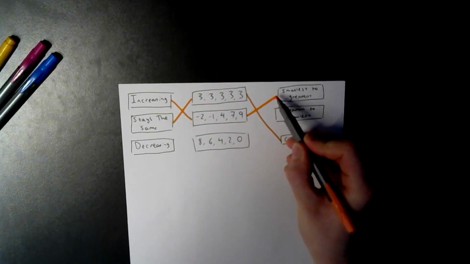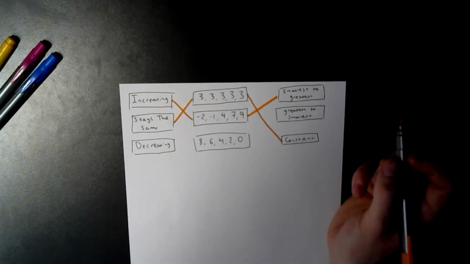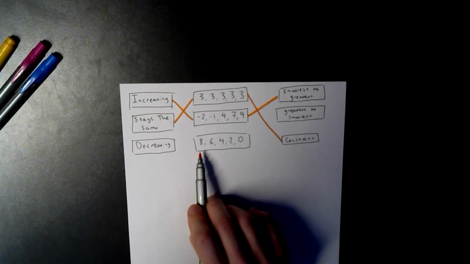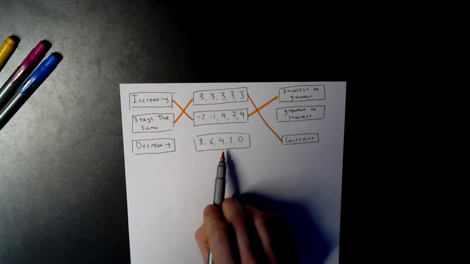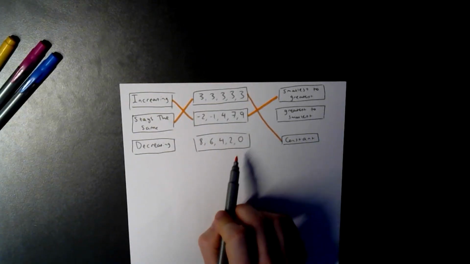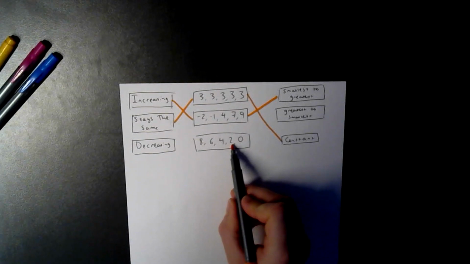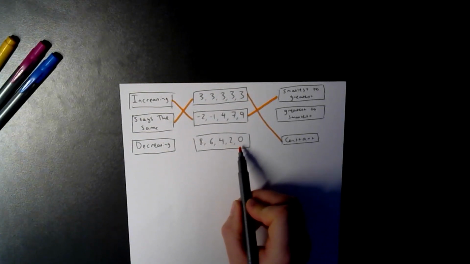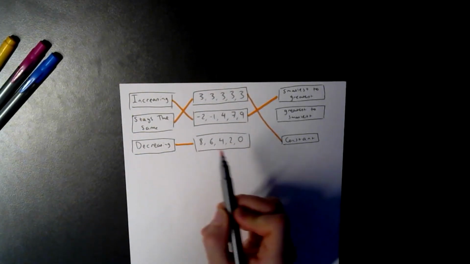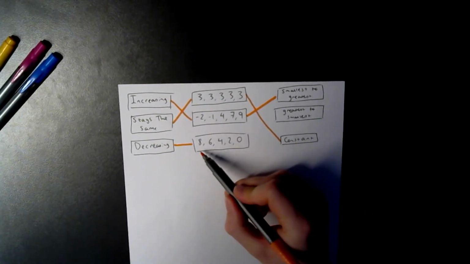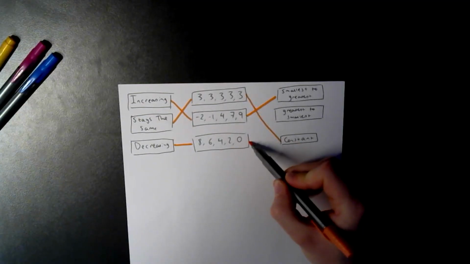So from smallest to greatest. And then finally this sequence here, it goes from 8 down to 6, down to 4, down to 2, down to 0. So we're decreasing by 2, and then by 2, and then by 2, and then by 2. So it's getting smaller and smaller, or it's decreasing. And we could say it's going from the greatest to the smallest.